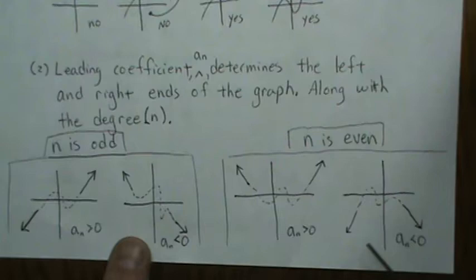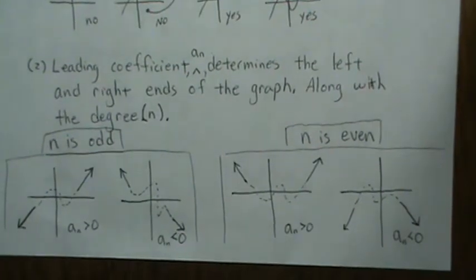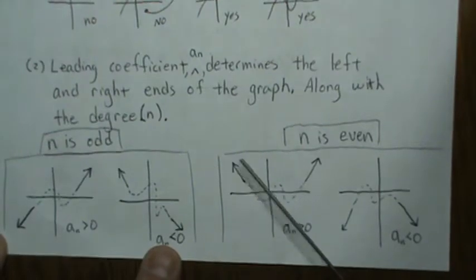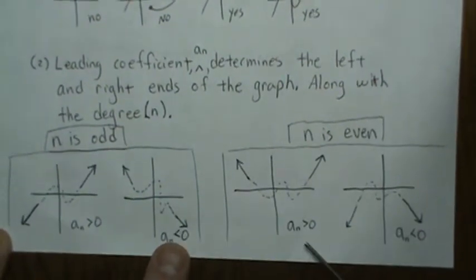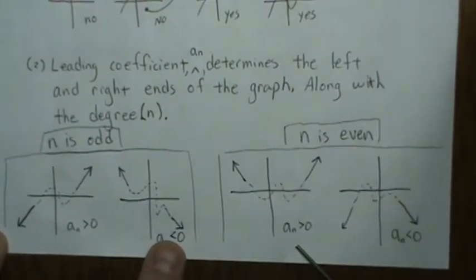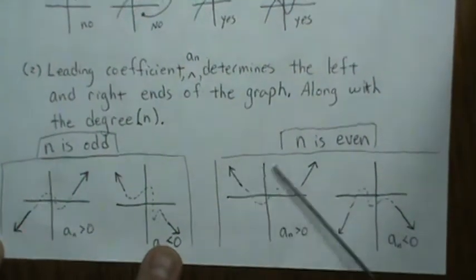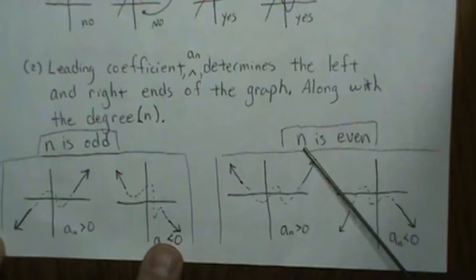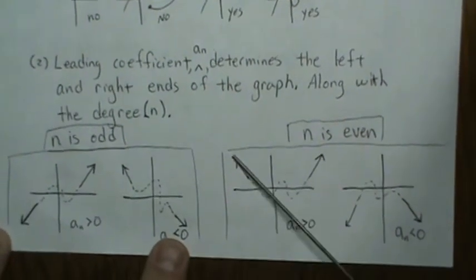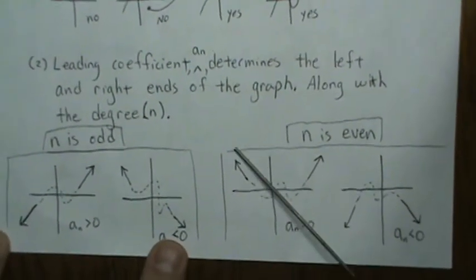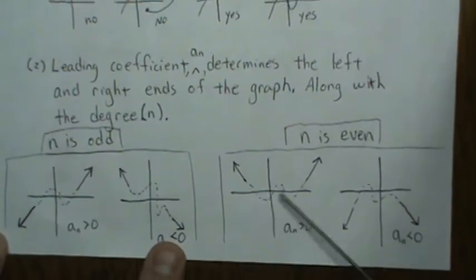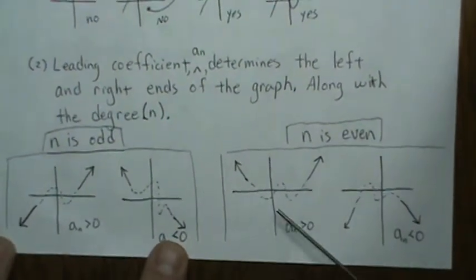If n is even, then both sides do the same thing. If the leading coefficient is positive, they both end up going up. Like in a quadratic function, x squared, where the 2 is our degree and it's even, it goes like this, right? But if it's a fourth degree, there could be some bumps in here, but eventually it goes up.